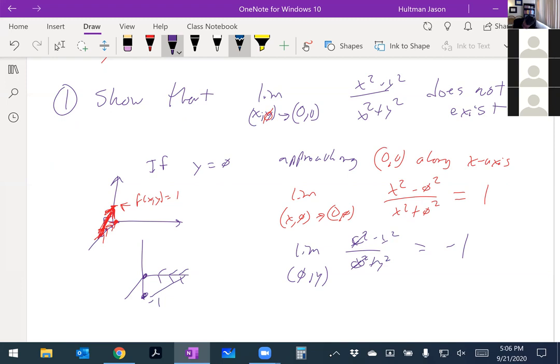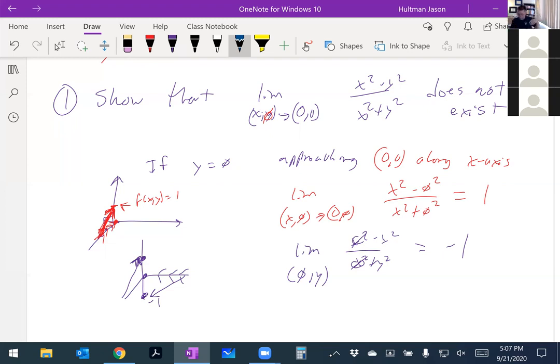What does it mean when I approach from two different directions, and we're approaching the same point, but the values don't meet?